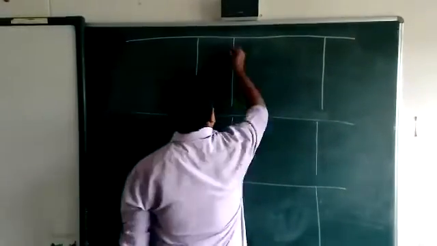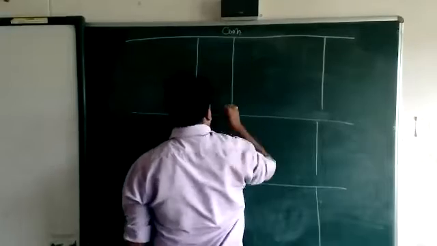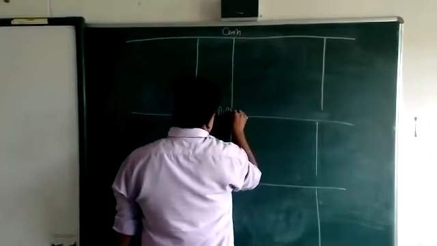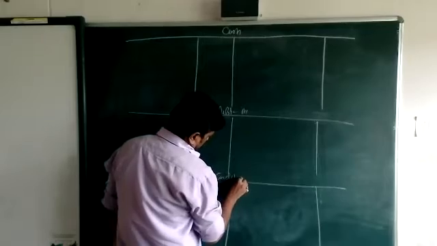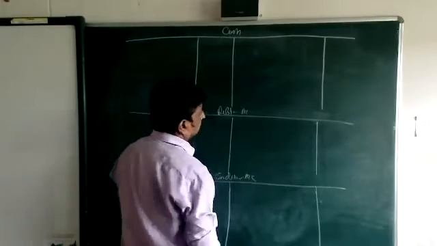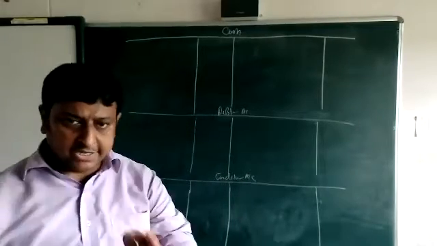Okay. First we are going to make the cash account, debtor account, creditor account. Okay. Clear? All 3 are clear.